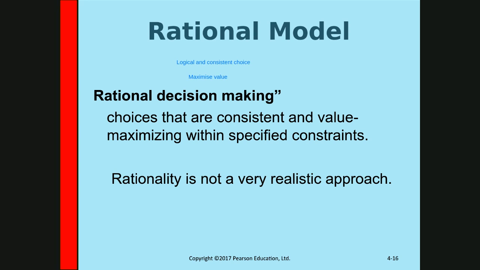However, can any of these alternatives ever really do that? No as well. So these are the questions being raised in critique of rational decision making, and this has made rationality not a realistic approach.